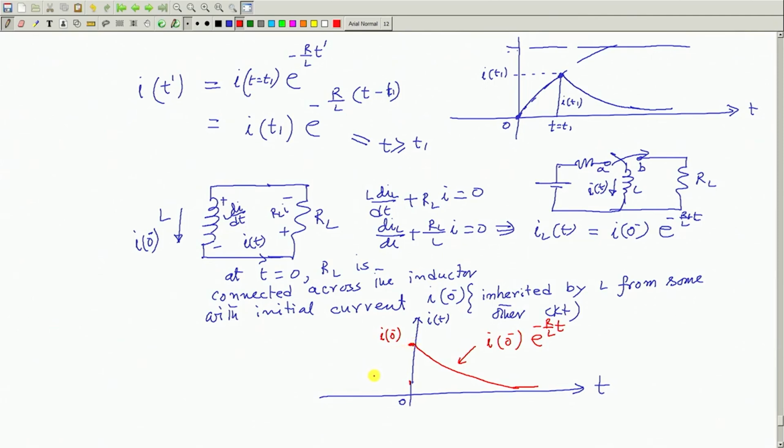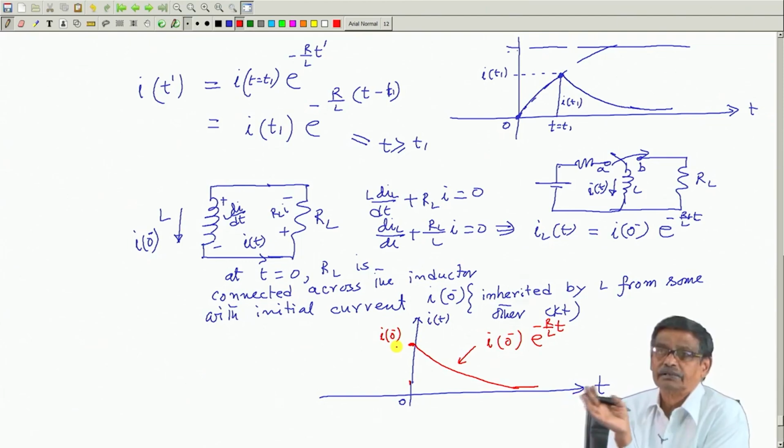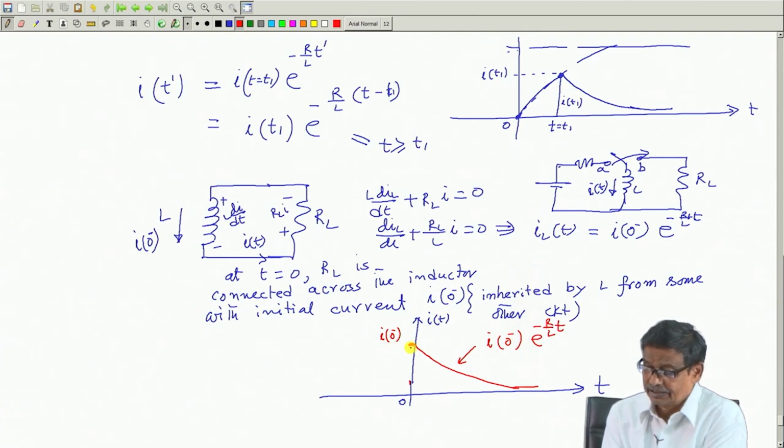So, I(0-) keeps all the information about how current grew, we do not care about that previous history, it is encrypted in I(0-), the integral of v dt. If this number is there, I know what to do.